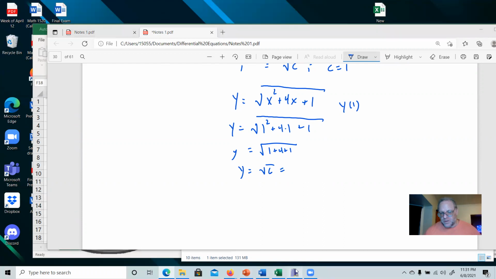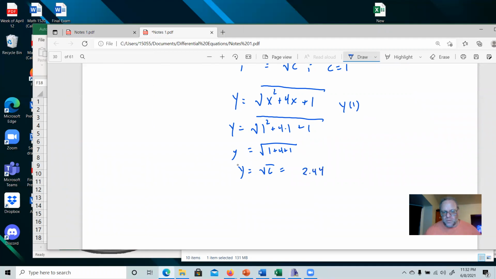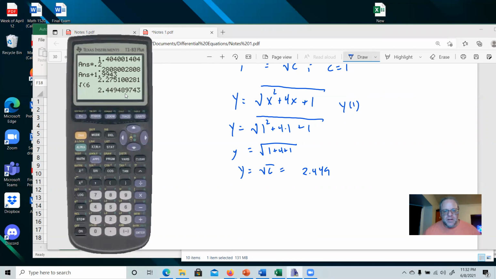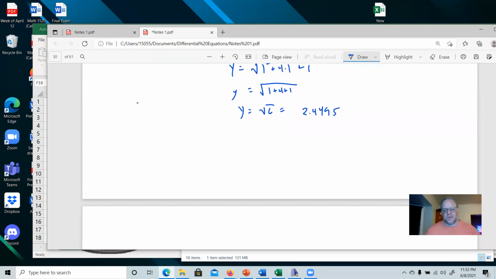What is this? Okay, yeah, this is the square root of 6. 2.449. We get another one. 2.4495. Okay. So what we're going to do next is we're just going to compare error. Okay, we're going to say our percent error, right?